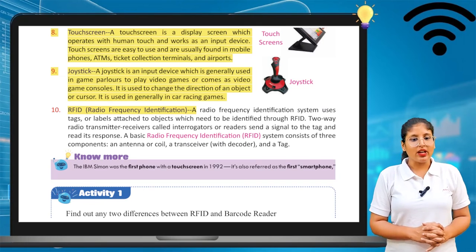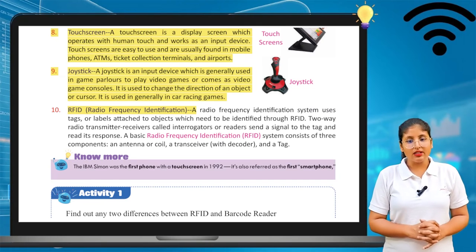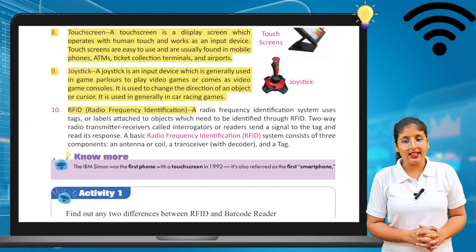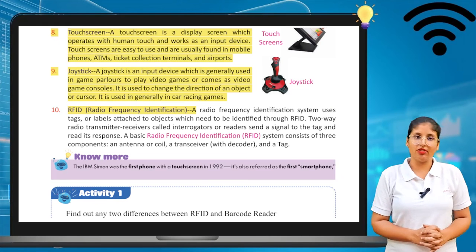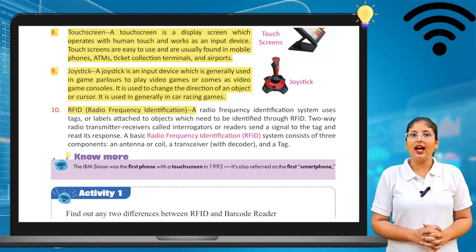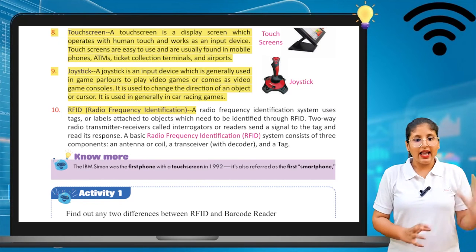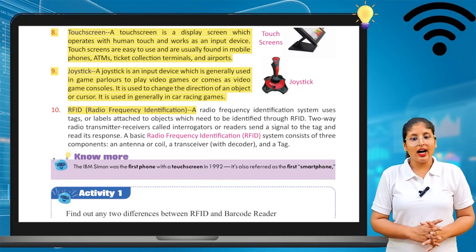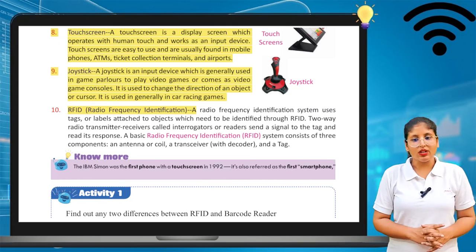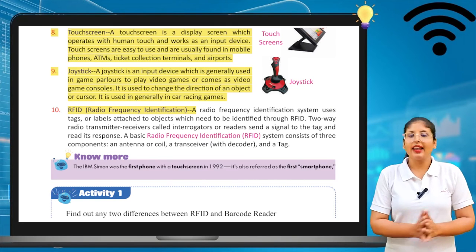A two-way radio transmitter-receiver called an interrogator or reader sends a signal to the tag and reads its response. A basic radio frequency identification, that is RFID, system consists of three components: an antenna or coil, a transceiver with decoder, and a tag. So this is the last one, that is RFID.